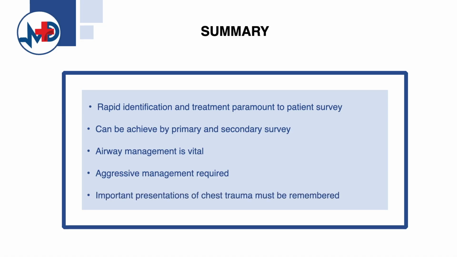Remember the important presentations of chest trauma, which are airway obstruction, tracheobronchial tree injury, tension pneumothorax, open pneumothorax, massive hemothorax, cardiac tamponade, and traumatic circulatory arrest. These conditions need to be recognized and managed immediately, as any delay may cause death.